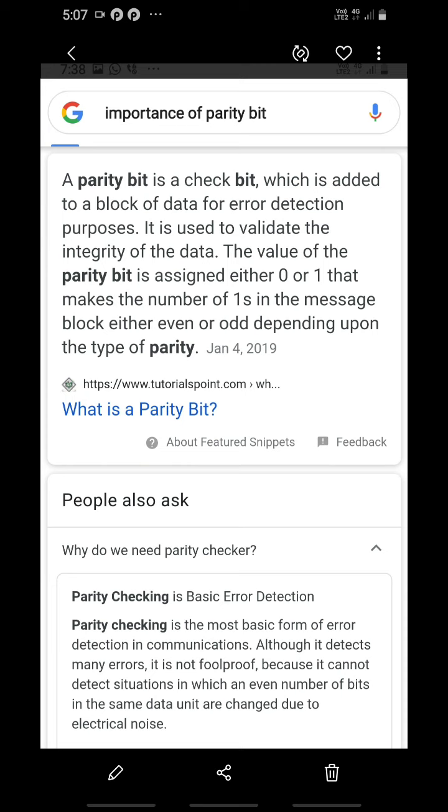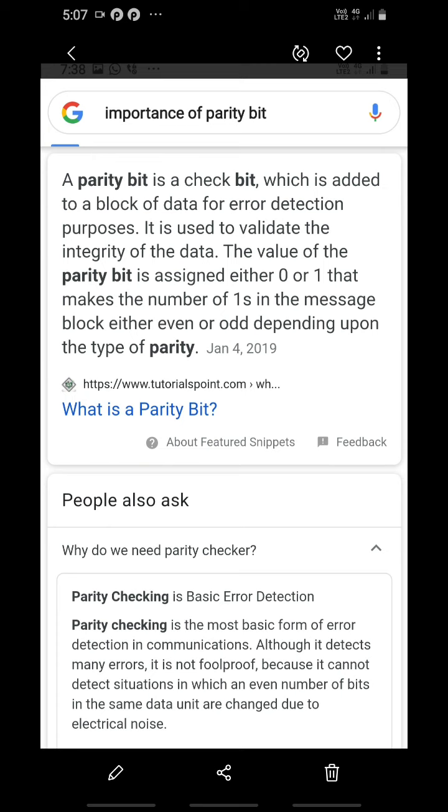In each case, we insert an extra bit in the leftmost position of the code to produce an even number of ones in the character for even parity or an odd number of ones in the character for odd parity.